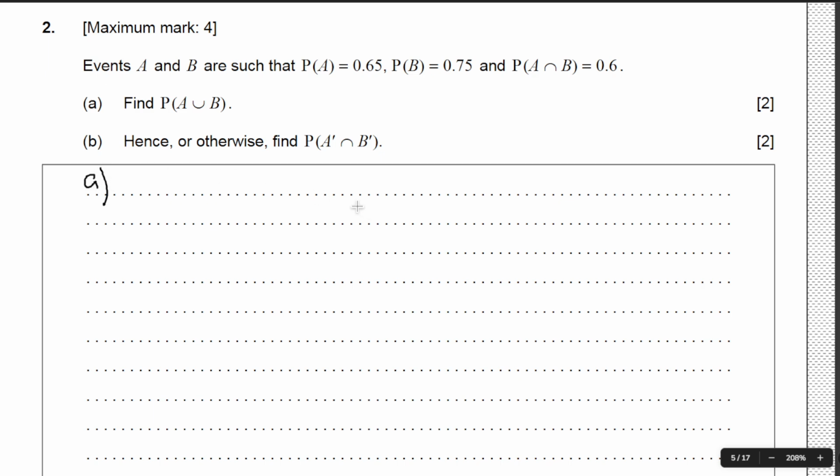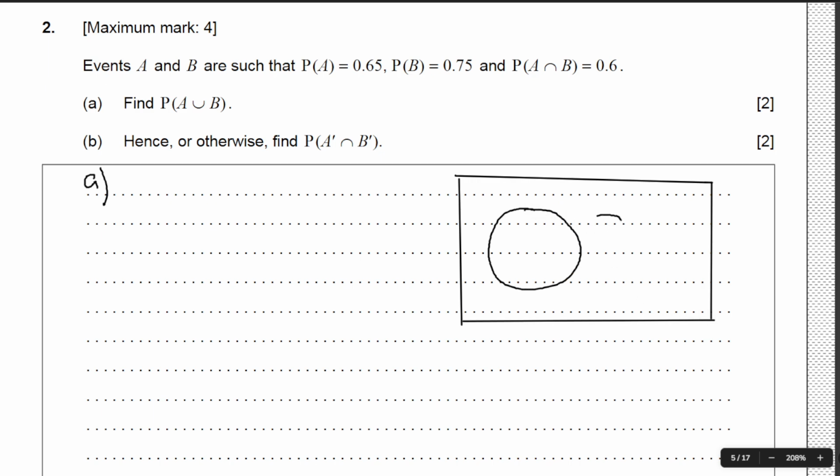Okay, so if we look at the probability of A union B, let's draw ourselves a Venn diagram here. We can visualize both these circles, let's name this one A and this one B. This entirely would be 0.65 and this entirely would be 0.75.